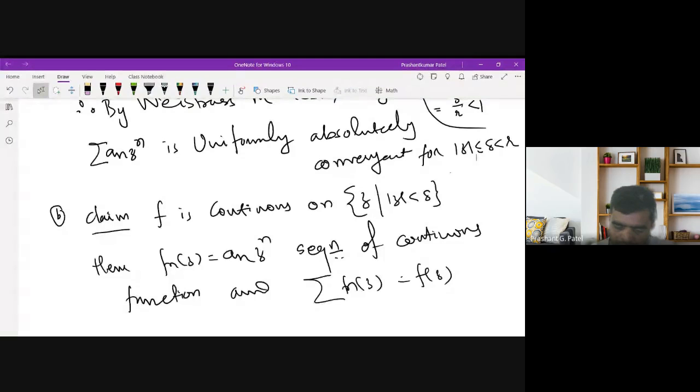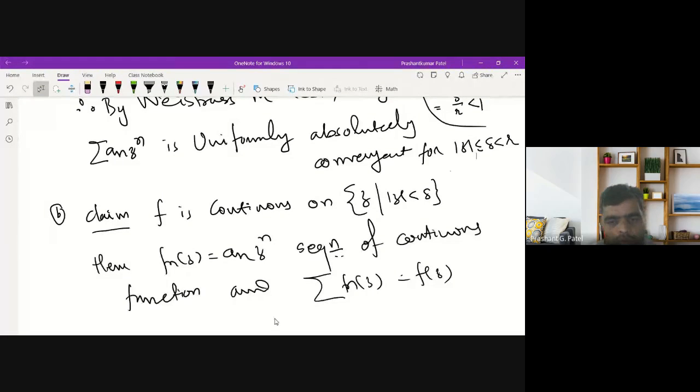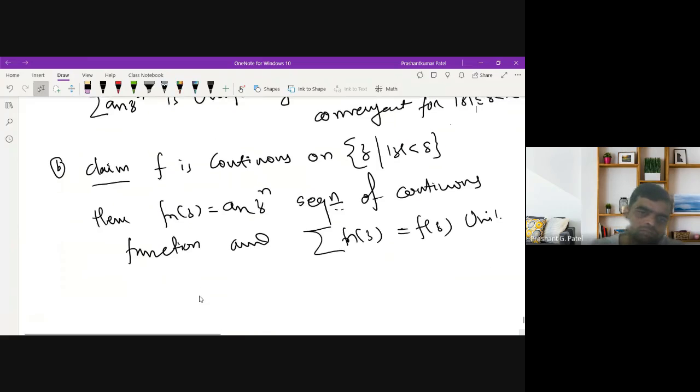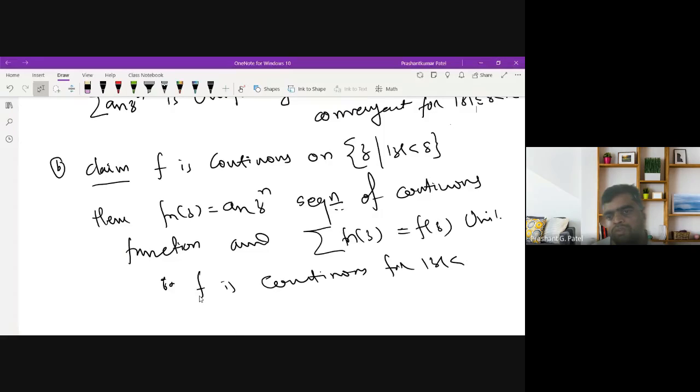And we know that uniform convergence preserves the continuity. So therefore, f is continuous for all mod z less than delta less than r.